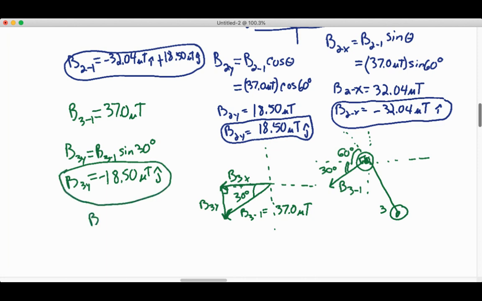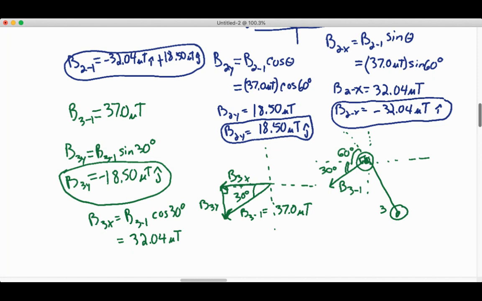If we try to figure out B3x, that's going to be equal to B31 times cosine of 30 degrees. And doing that is going to give you a similar number, 32.04 microtesla. And what direction is this?